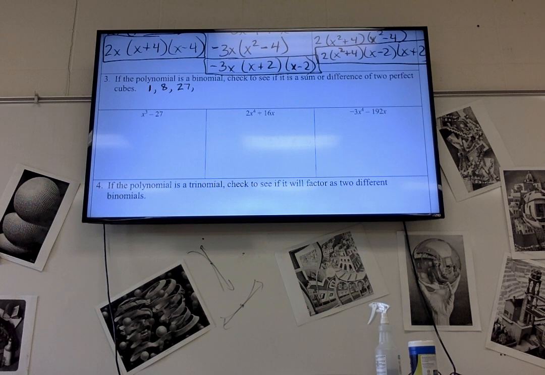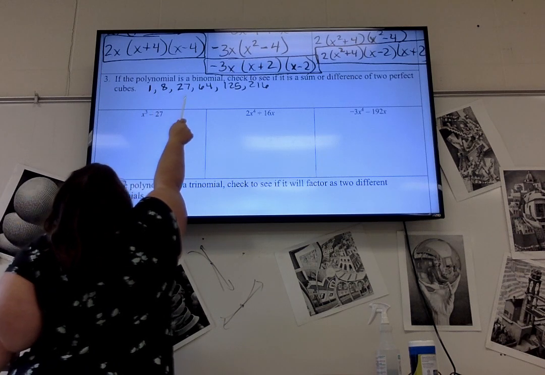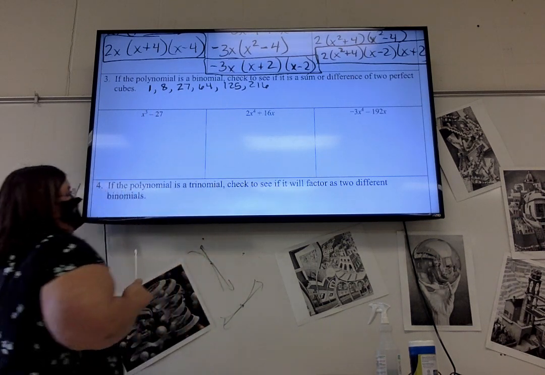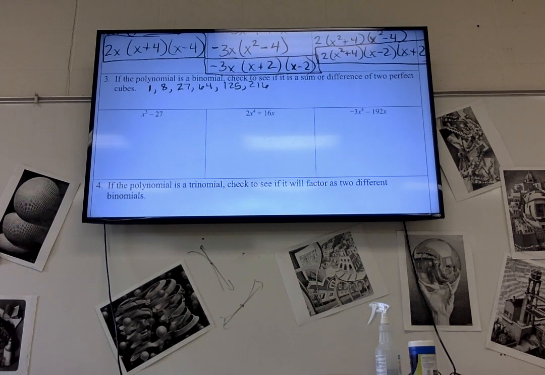And then the other one's 4 times 4 times 4, 64. 5 times 5 times 5 is 125. 216. So there's a few. Just so when you see those, if I took the cubed root of those, it's 1, 2, 3, 4, 5, 6. So just maybe make them a little more apparent to you.